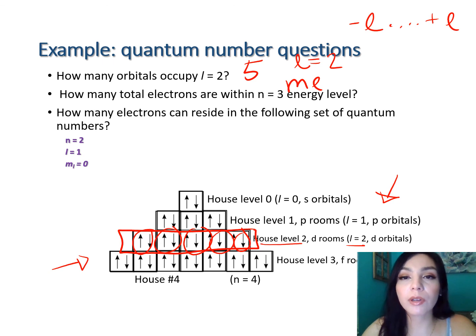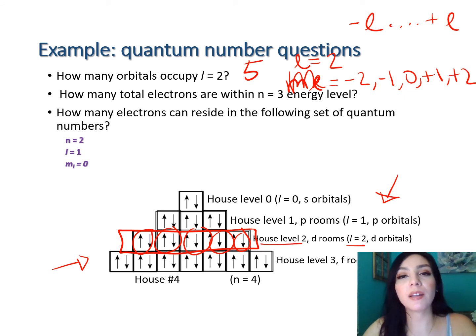So for ML, subscript L, you start off with -2 and keep going down the number line until you get to +2. Now you count off how many numbers you found: 1, 2, 3, 4, 5. So whichever way you want to do it.